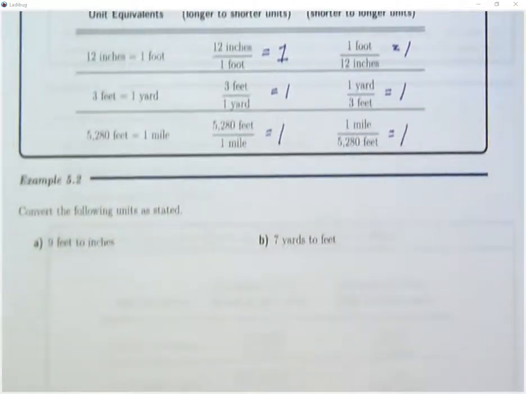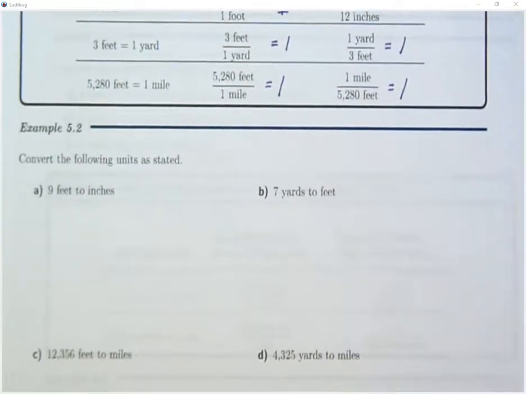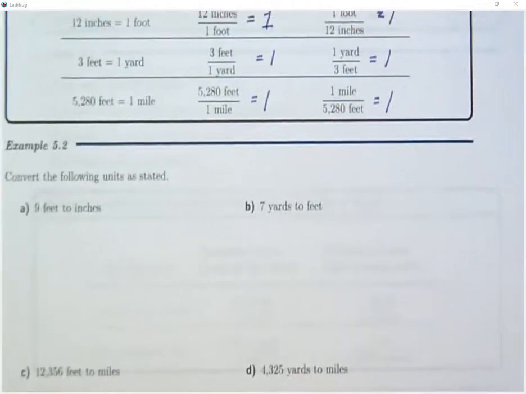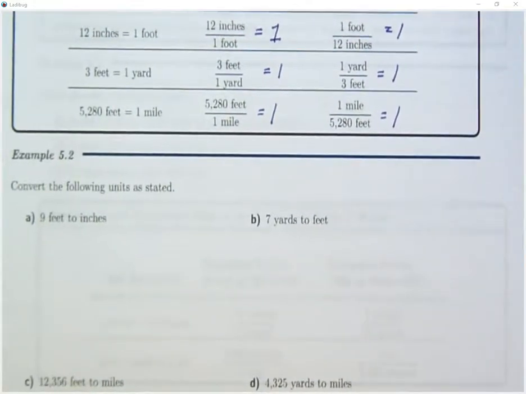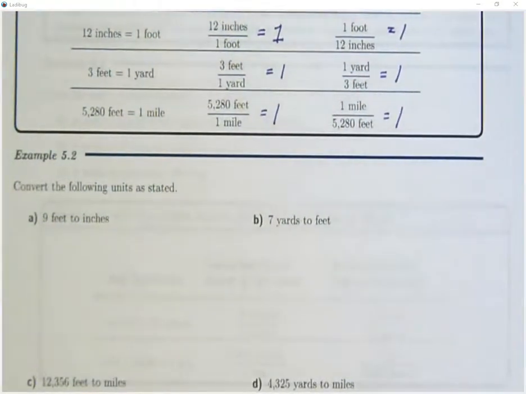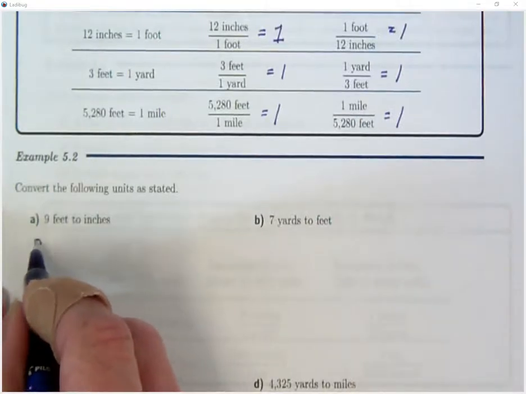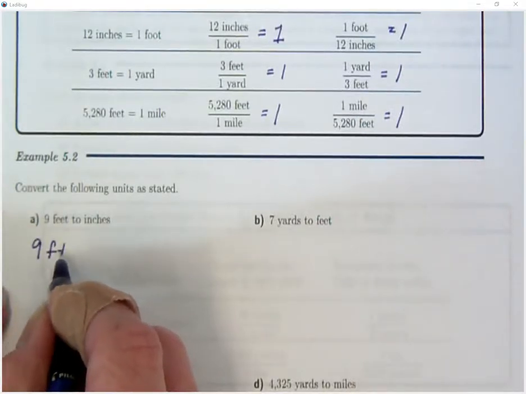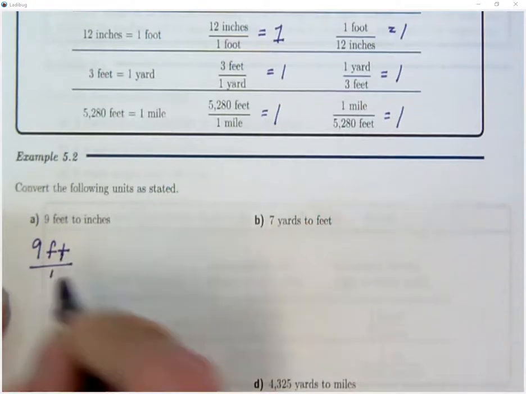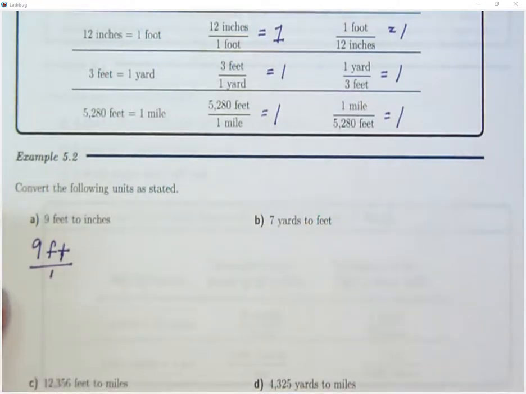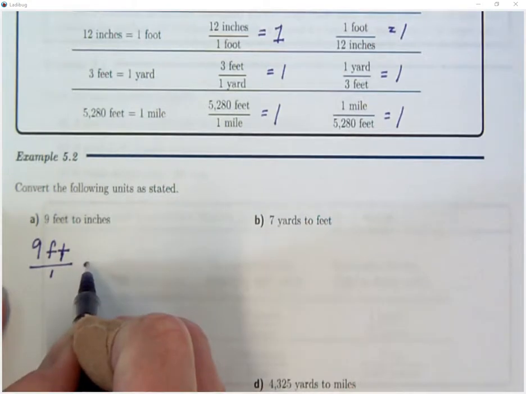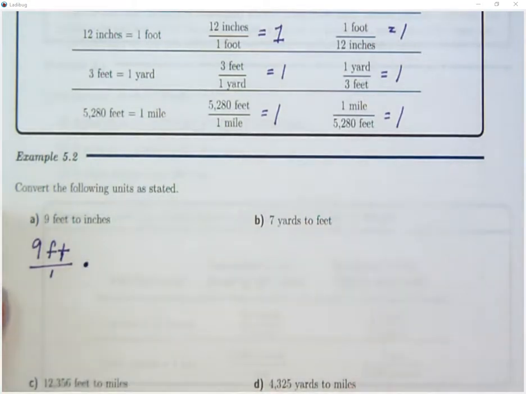A lot of times, like 9 feet to inches, I can convert that in my head pretty easily, but if I have something more involved, like I definitely will in chapter 1, we need to be able to tackle it in a different way. So if I take what I am given, 9 feet, and I put it over 1, just so it's in a fraction format, and I multiply, so I'm not using a proportion method here where I'm setting something equal.